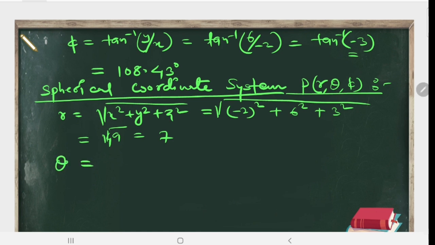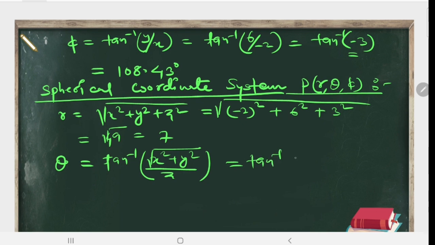After that, you have to find the value of theta, which is calculated with the help of this equation: theta is equal to tan inverse of the square root of x squared plus y squared, divided by z. You have already calculated the term root of x squared plus y squared, so this is root 40 by 3. So theta is equal to 64.62 degrees.